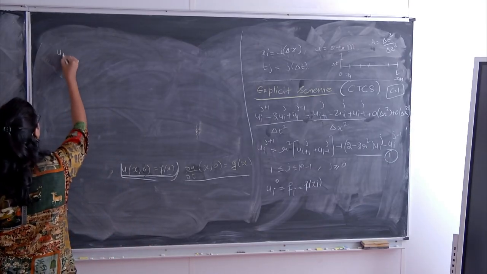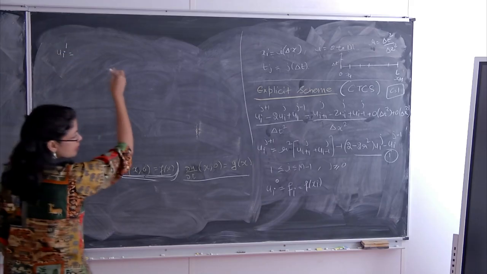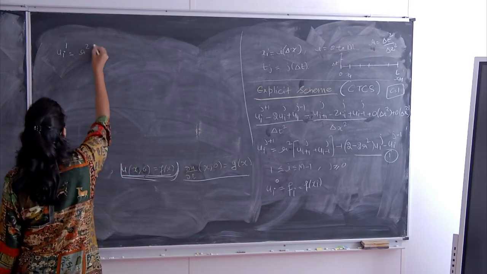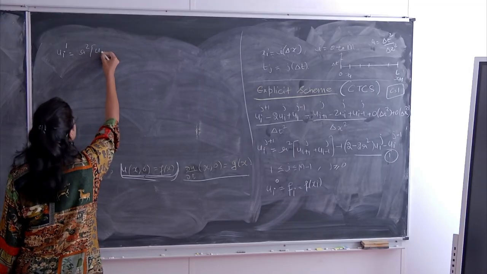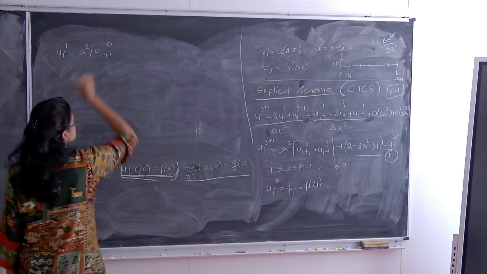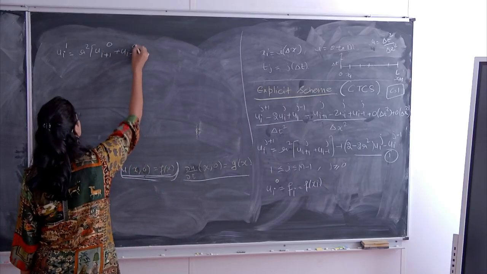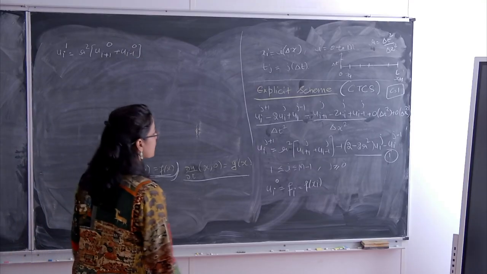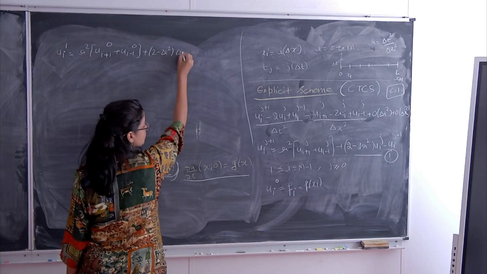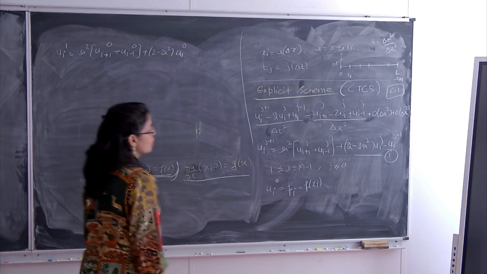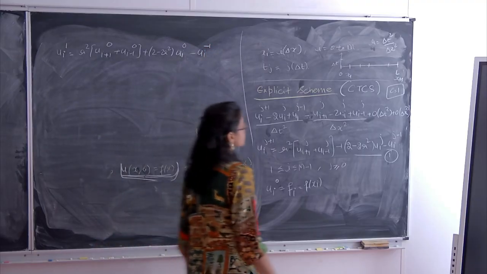So, u_i^1 will be the same as r^2 (u_{i+1}^0 + u_{i-1}^0) plus 2 minus 2 r^2 u_i^0, and the last term is minus u_i, and this is different.